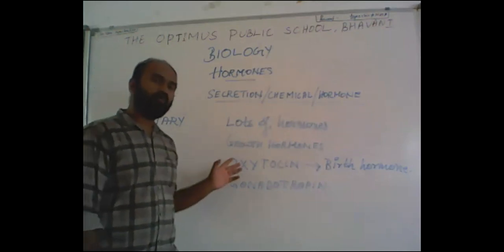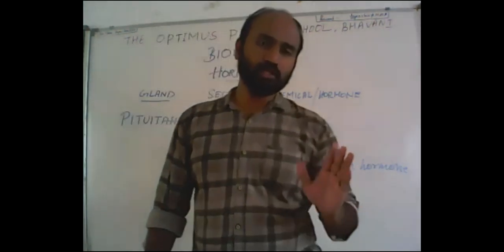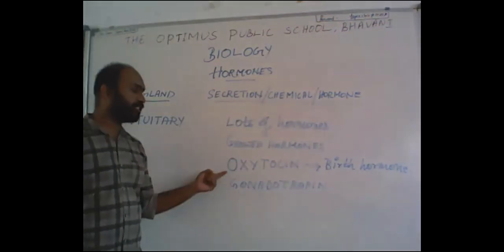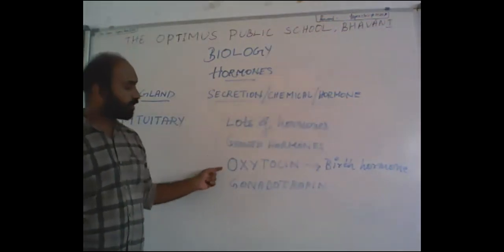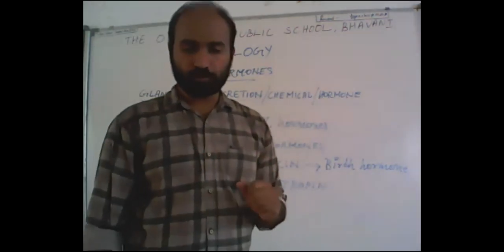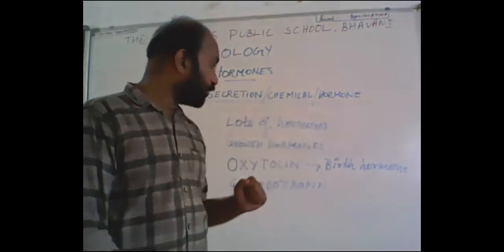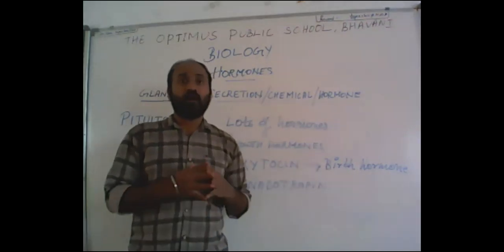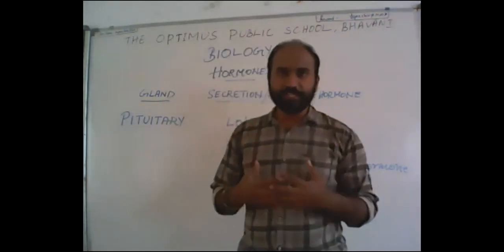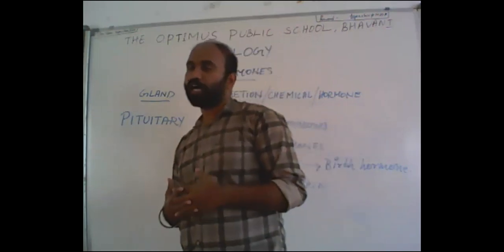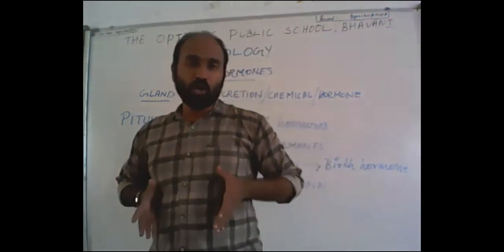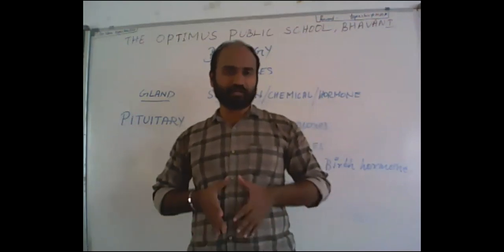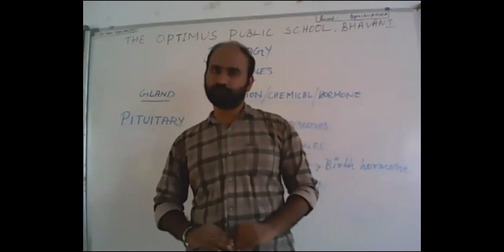Now, the one hormone which I should mention here, which is also very important and interesting, is oxytocin. It's also called the birth hormone. Why? During the delivery time of the mother, what happens? The uterus wall contracts, and when it contracts, the baby is pushed outside.